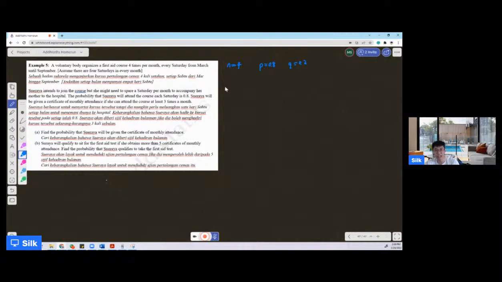To get a certificate, I must join at least 3 times. So I must join 3 times or I must join 4 times. To join 3 times, 4C3, 0.8 power 3, 0.2 power 1, plus join 4 times, 4C4, 0.8 power 4, 0.2 power 0.